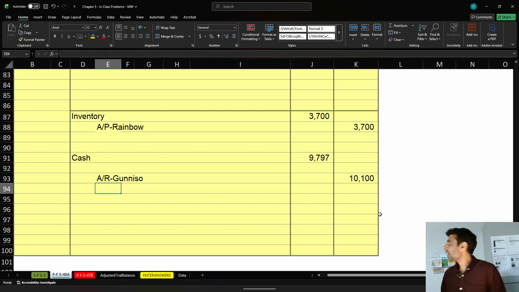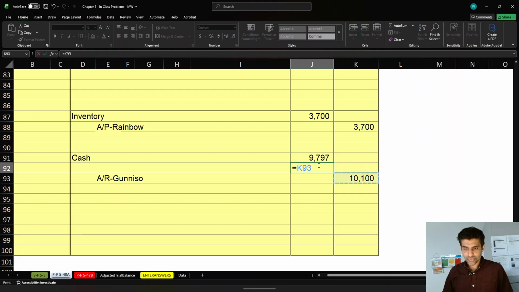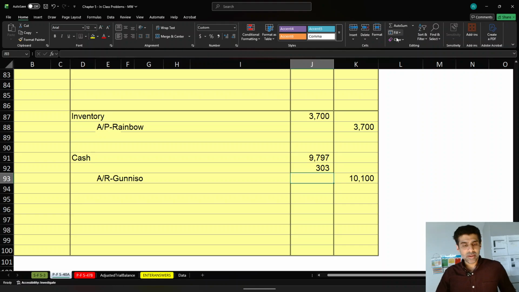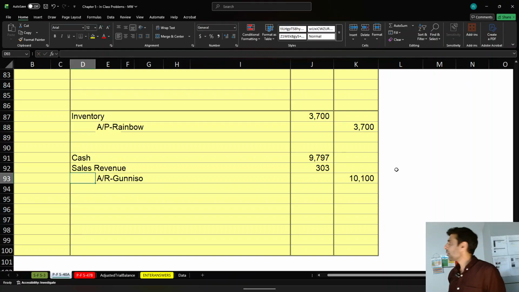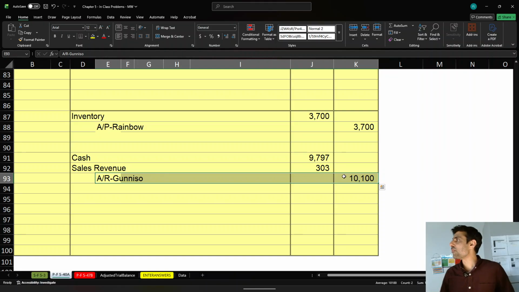Okay, but every journal entry, number 5 here, do our debits equal our credits? No, it doesn't. Okay, so I need to fill this in with $303. Now, I could do sales revenue, and that would be coherent, because really, when I first recorded this account receivable, I kind of puffed myself up.